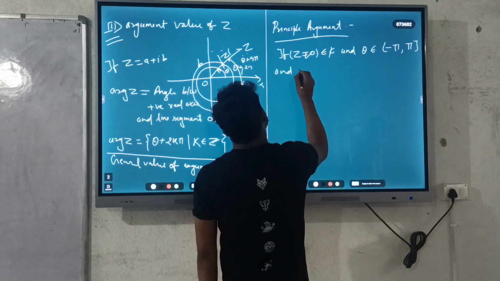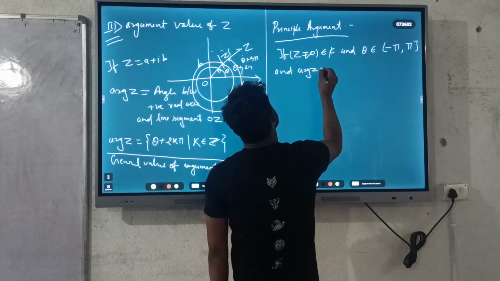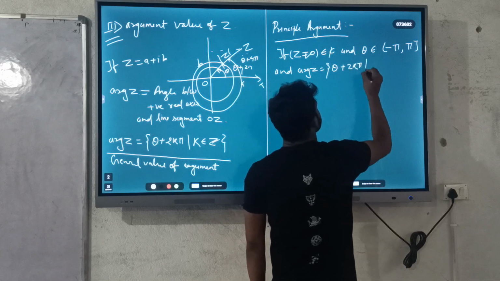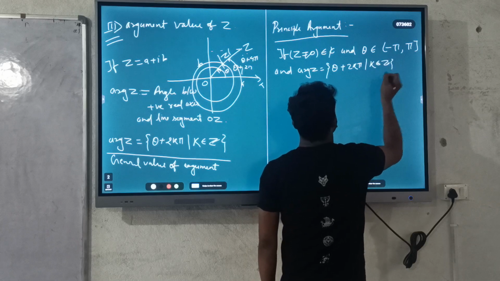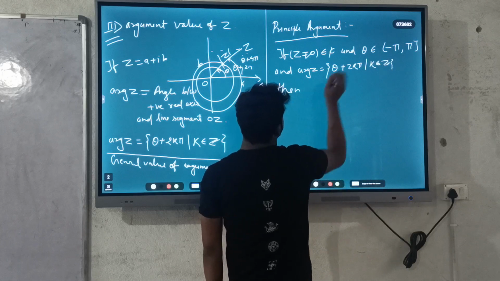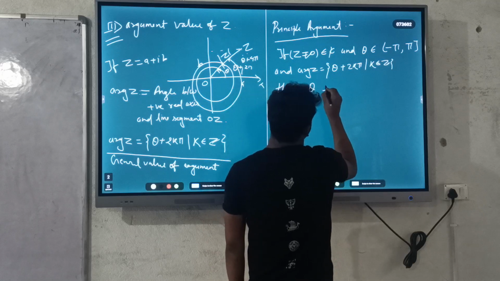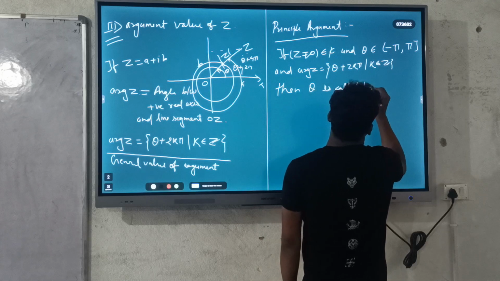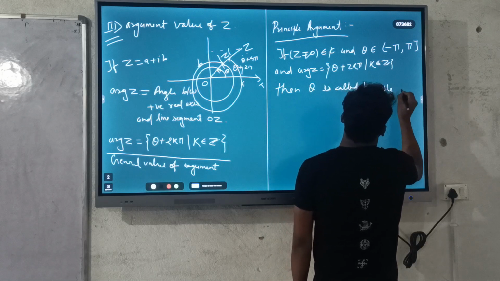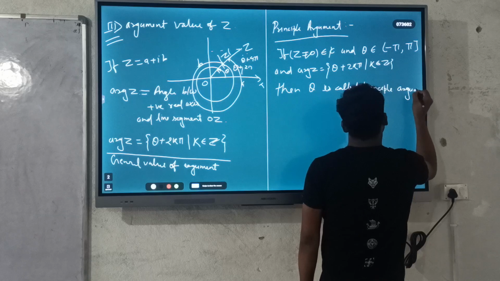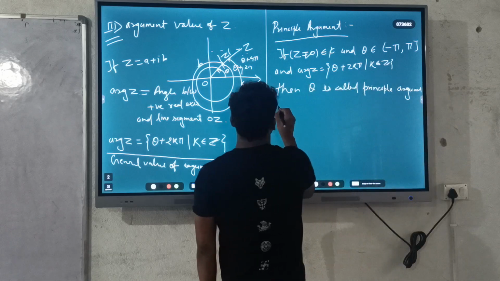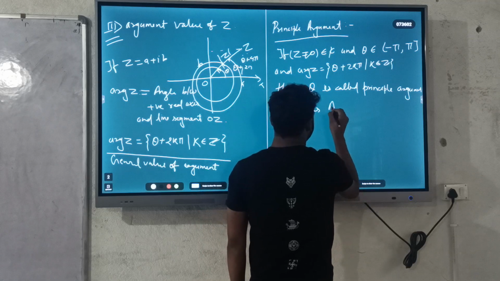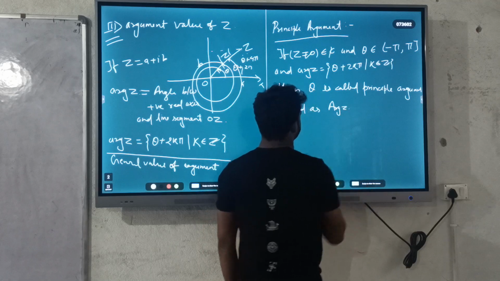and argument of z is defined as theta plus 2k pi, where k is an integer, then that theta is called the principal argument, denoted as Arg z.